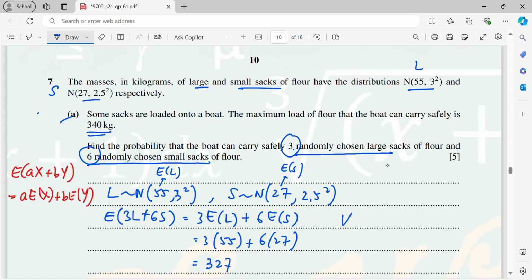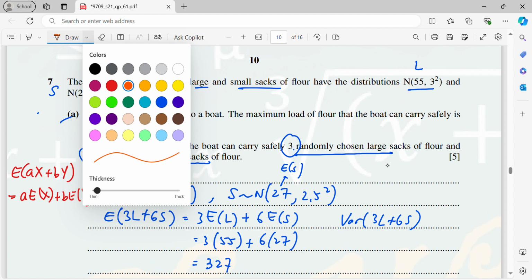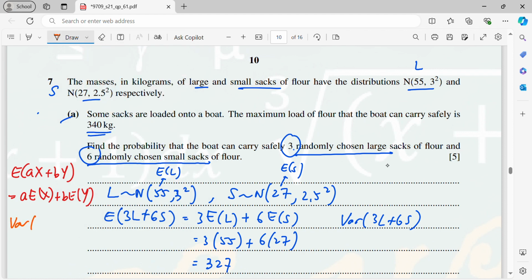Now for the variance of 3L plus 6S, we have two formulas over here. So variance of aX plus bY: we have a variance X plus b variance Y. This is for multiplication, and this is for addition. That means you are adding X, a times. So this is for addition.